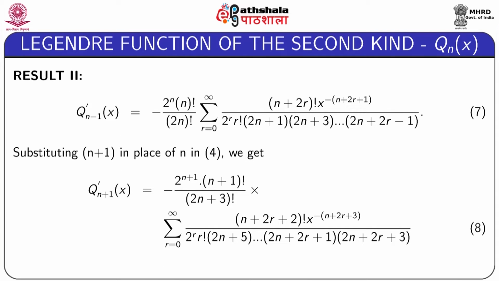We put this under the name result 2, that is Q'n-1(x) is equal to minus 2 to the power n into n factorial divided by (2n) factorial multiplied by this expression given in equation number 7. We replace n by n plus 1 in equation number 4 and we will get Q'n+1(x) is equal to minus 2 to the power (n+1) into (n+1) factorial divided by (2n+3) factorial multiplied by this expression given in equation number 8.